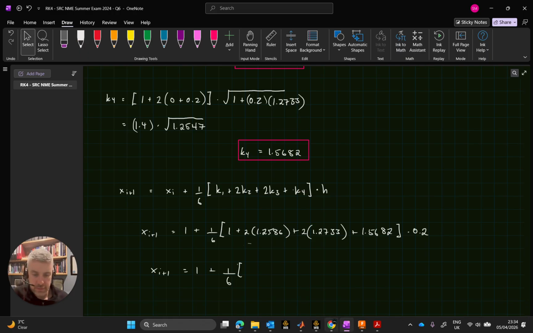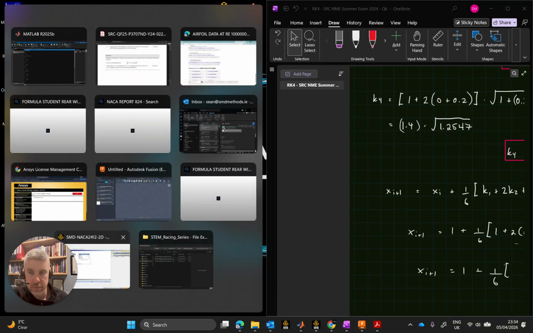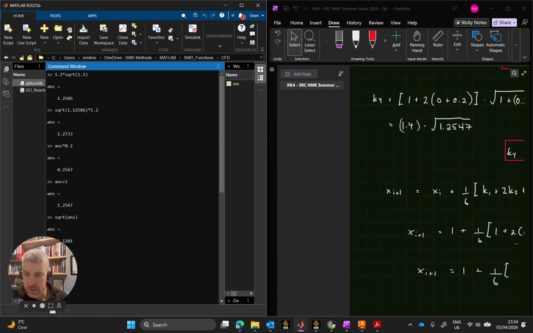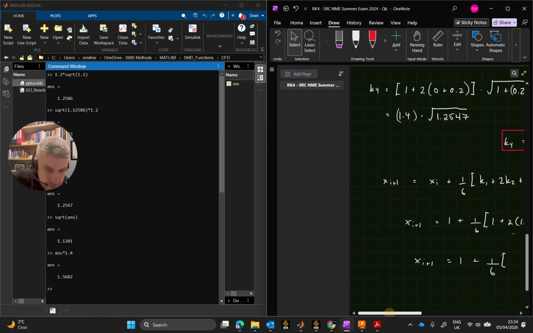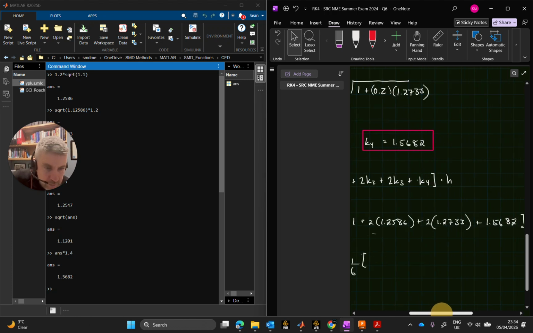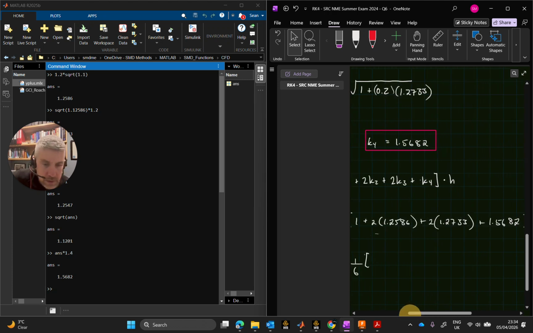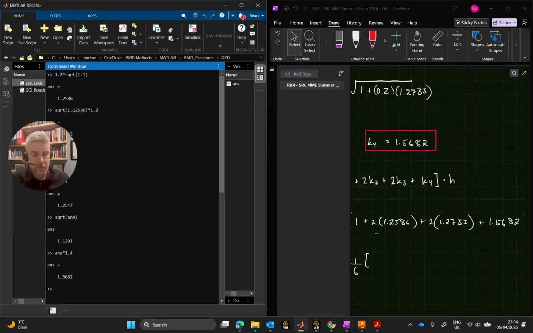So let's see, can we maybe do this and bring that there, bring in MATLAB. Let's get the log up there, see what we have, and see can I fit, I just about can. Let's go 1 plus 2 times 1.2586 plus 2 times 1.2733 plus 1.5682.